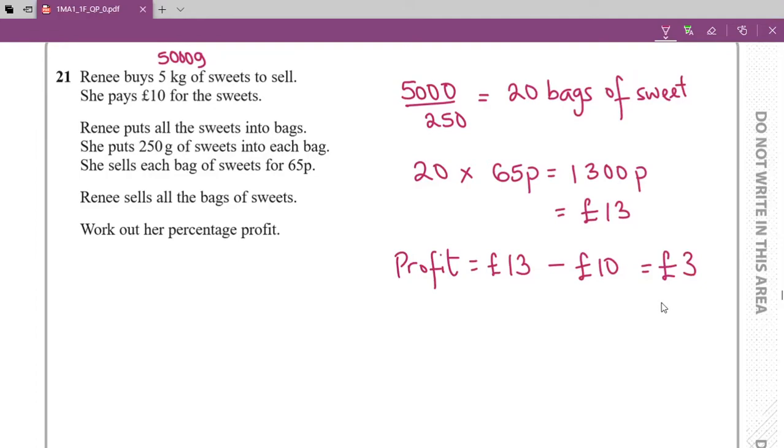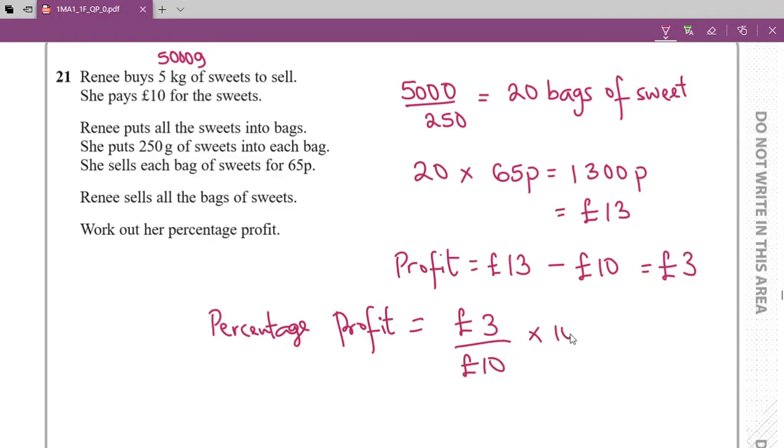To find the percentage profit, it is definitely going to be the amount made on each bag, that's £3, divided by the original amount she paid, which was £10, and then multiply it by 100%.